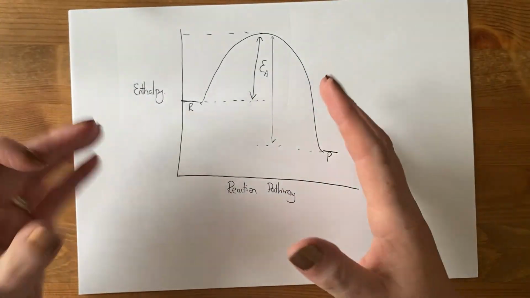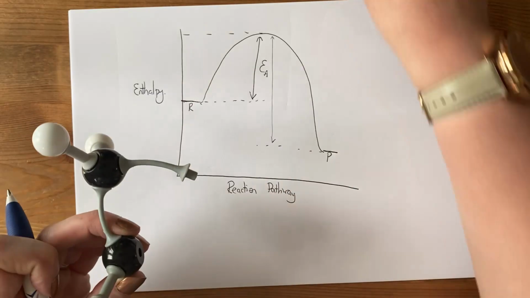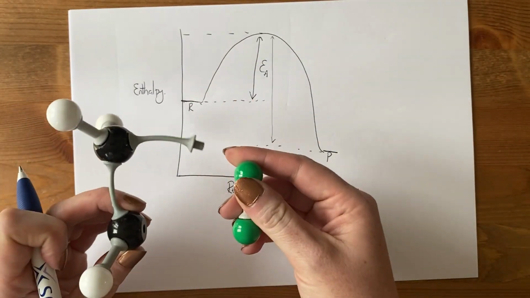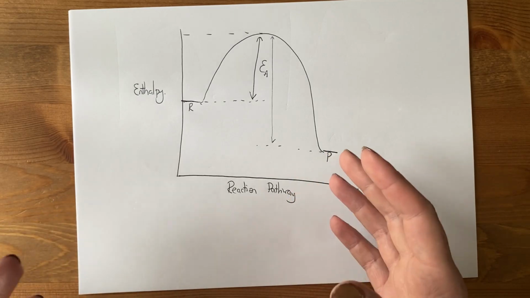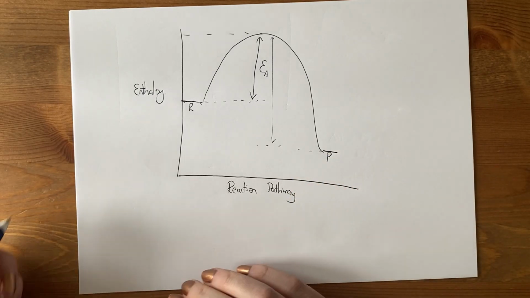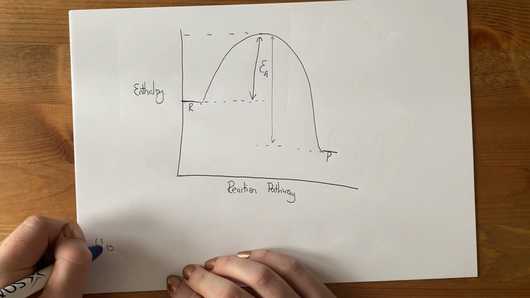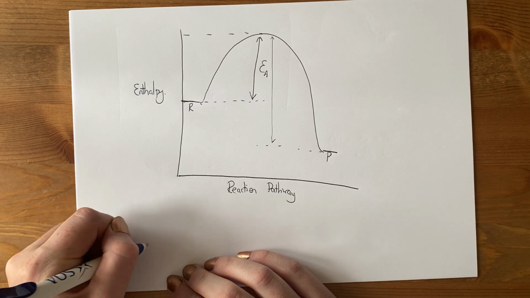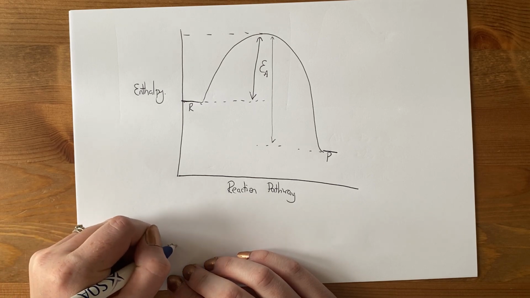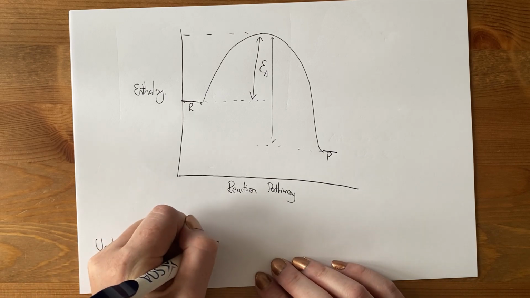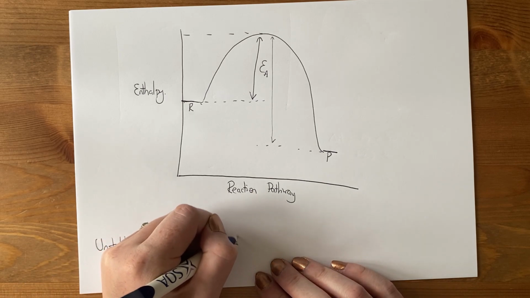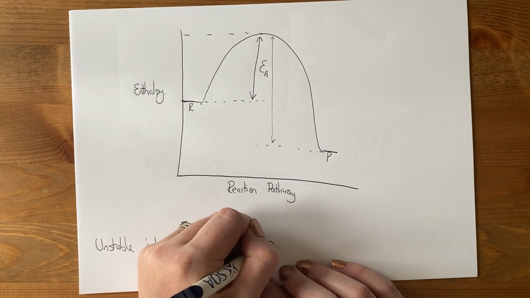And there is a point where this is starting to break and the new bonds are starting to form, and it forms a really unstable intermediate. And that unstable intermediate, and it doesn't exist for very long, that is called an activated complex.